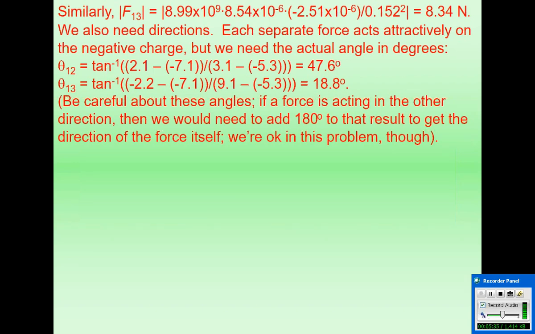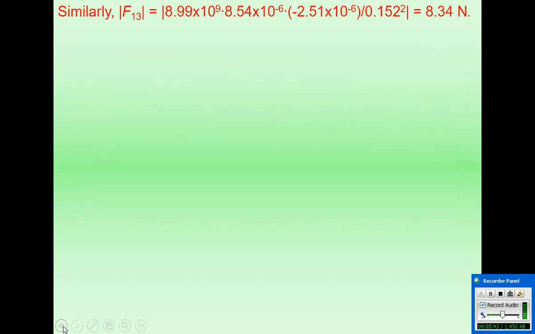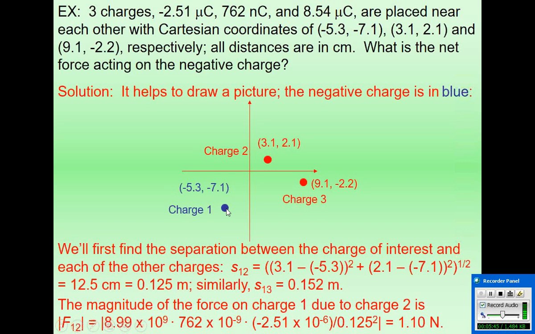And in both cases, the force acting on charge 1 points to the other charge, and if we go back to the picture, we'll see that each of these forces, the force of charge 2 on charge 1 is pointing toward charge 2, so it has kind of an up, pointing towards the upper right vibe to it.